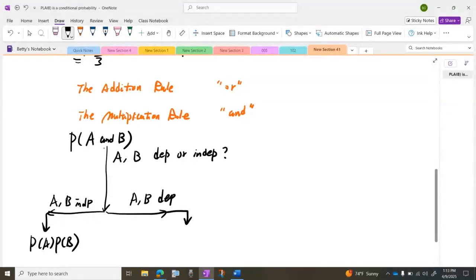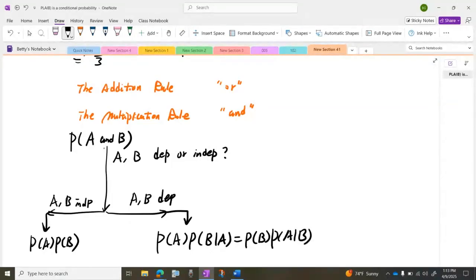Suppose A and B are dependent, then P of A and B is equal to P of A times P of B given A, or P of B times P of A given B. It really depends on which event occurred first. You don't have to struggle with this formula because it doesn't look complicated. We are going to learn how to use that formula by using it.